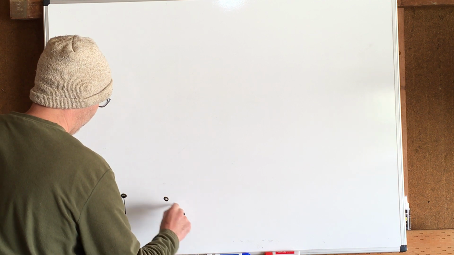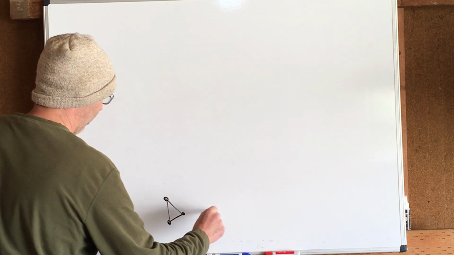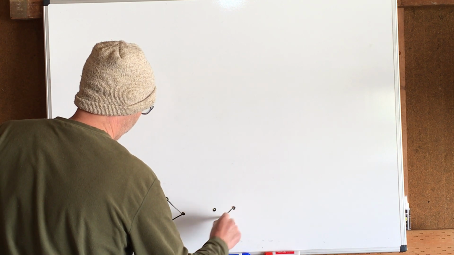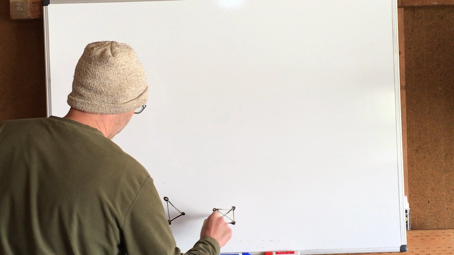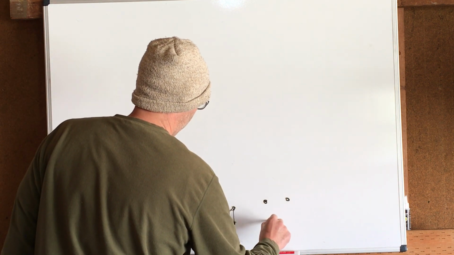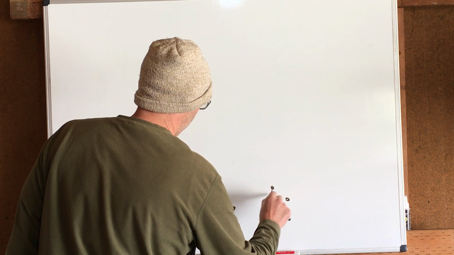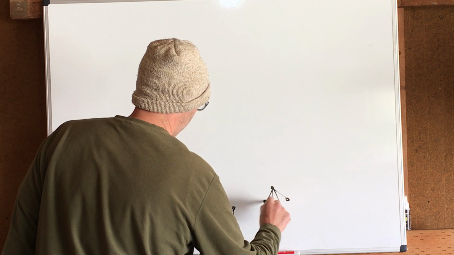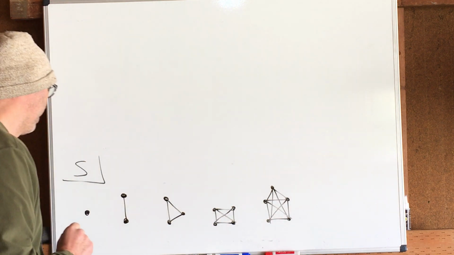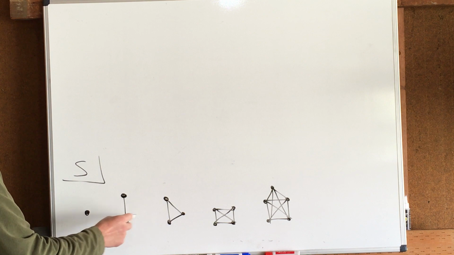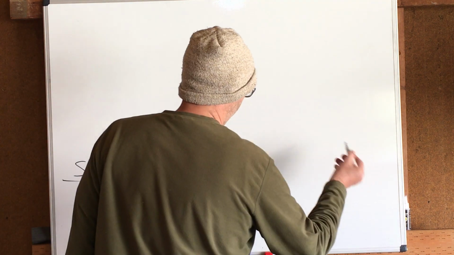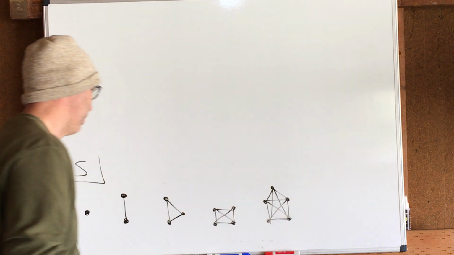Applied a second time gives us that thing. Applied a third time gives us that. Applied a fourth time. So recursive rule once, twice, three times, four times. And well, okay, you see the pattern.